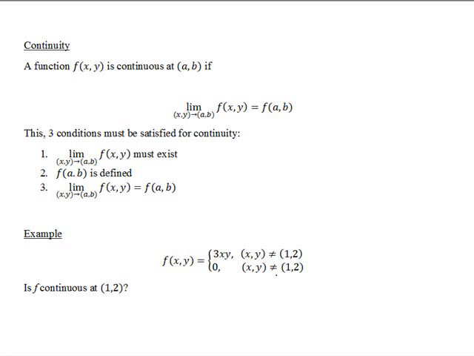But if you have something like a steep corner, the function is discontinuous at that corner. So that's how you recognize it from graphs. How do you deal with it mathematically? This is the definition. A function f of (x,y) is continuous at (a,b) if the limit as (x,y) approaches (a,b) of f of (x,y) is equal to f of (a,b). That's the definition of continuity.